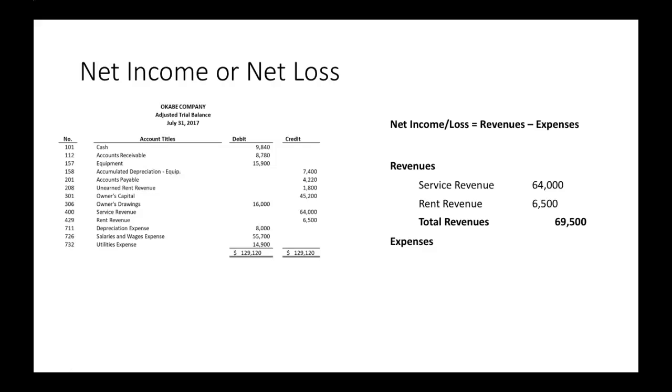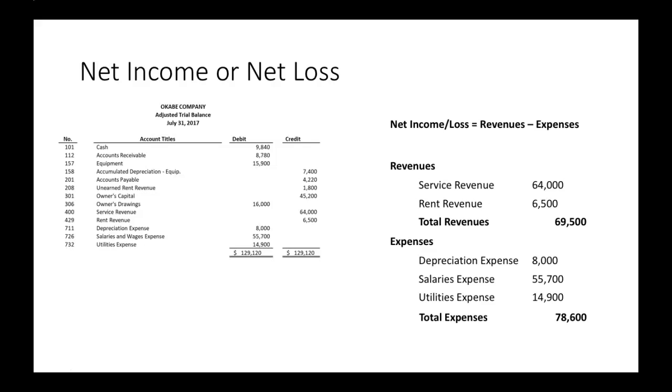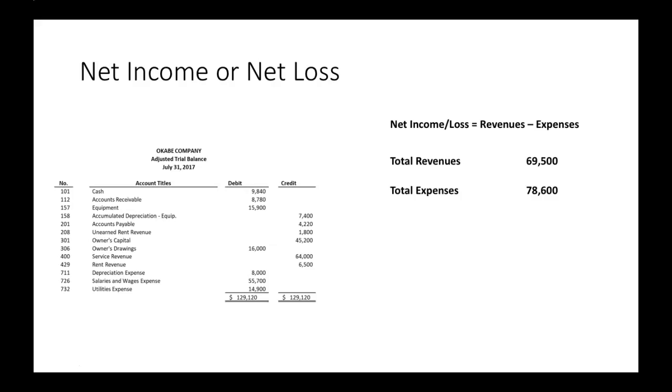Then we have expenses. We have 3 different expense accounts here. We have our depreciation expense, salaries expense, and utilities expense. We would find our total expenses then. And once we have our total revenues and we have our total expenses, we can then take those amounts and subtract them to find that we have a net loss, right?